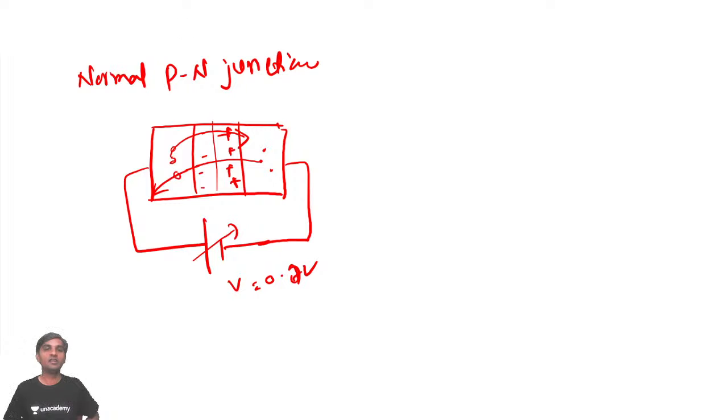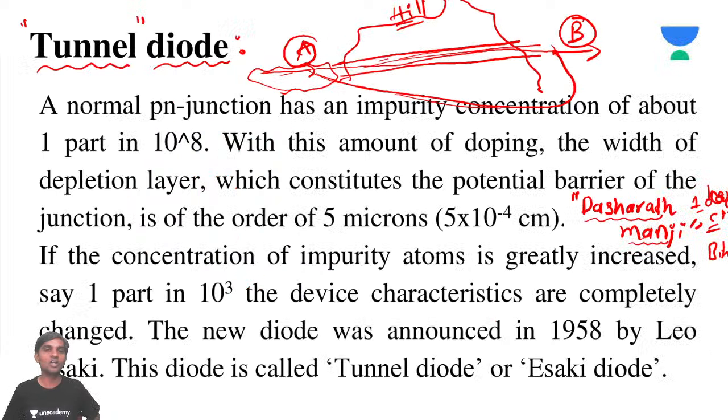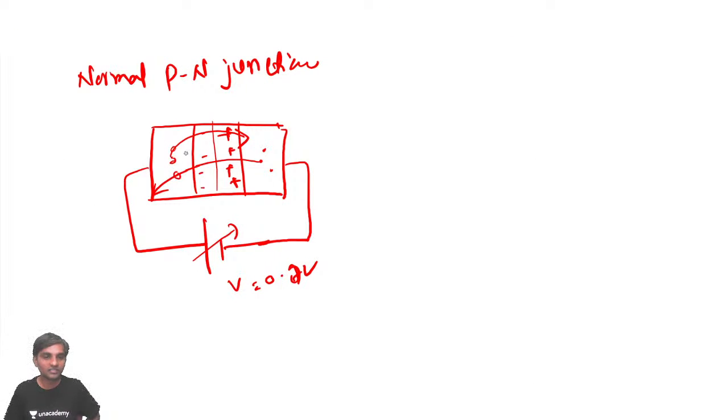But in some cases, called tunnel diode cases, now what happens, sir? The charge carriers will tunnel through the potential barrier and go from one area to the other area.